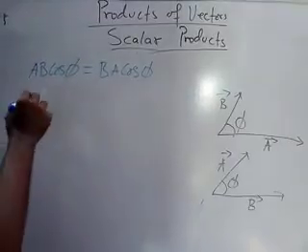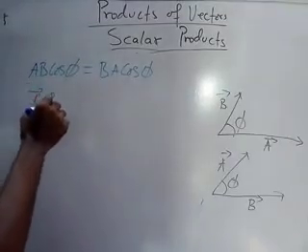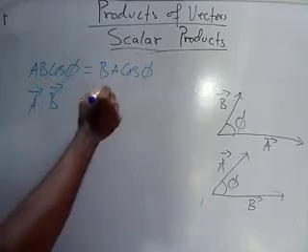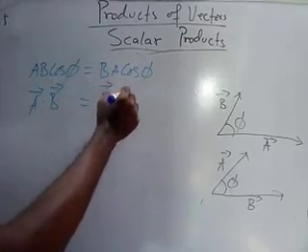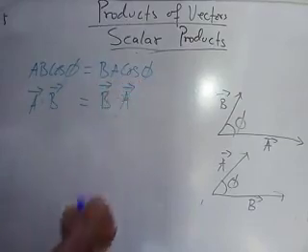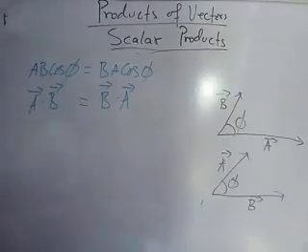What does it mean? Vector A dot vector B is the same as vector B dot vector A. It is commutative.